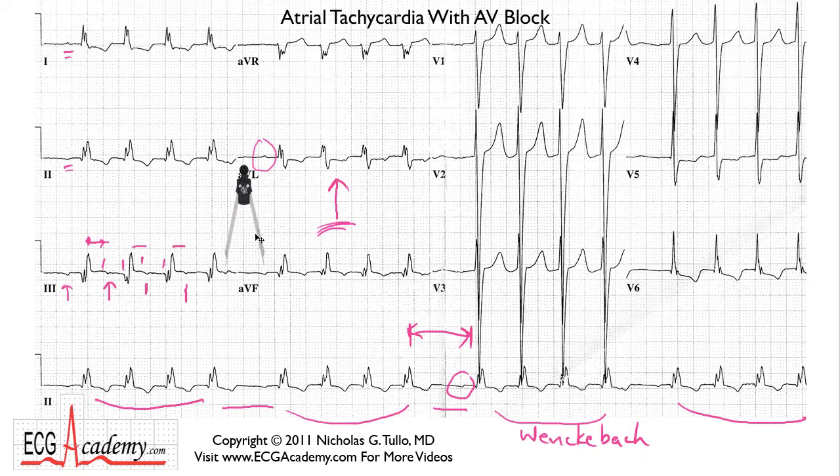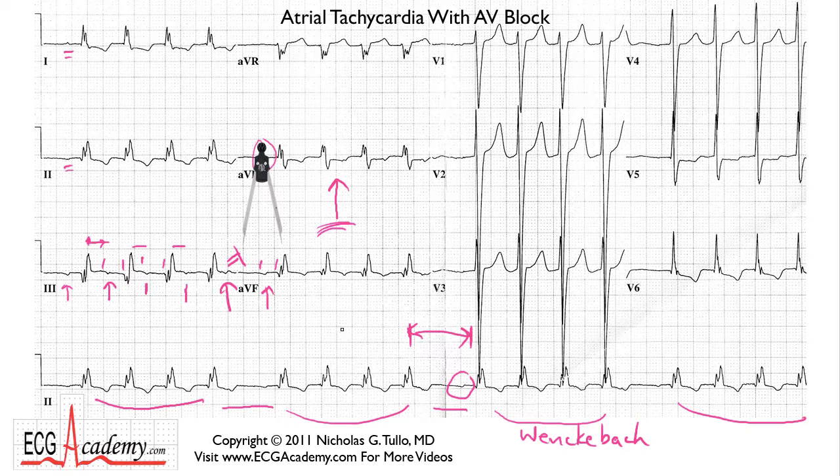So the P to P interval is regular. The rate, if we put the calipers on a heavy line, is about 120 beats per minute. So you have this ectopic atrial tachycardia at 120 beats per minute, and the PRs are getting longer, and then this P wave right here fails to conduct. Then the next P wave occurs on time and conducts with the shortest PR of the whole cycle.